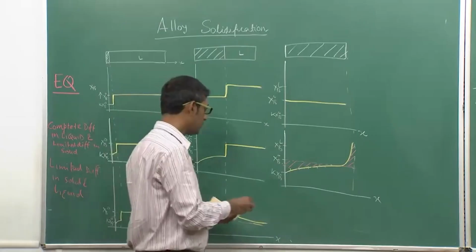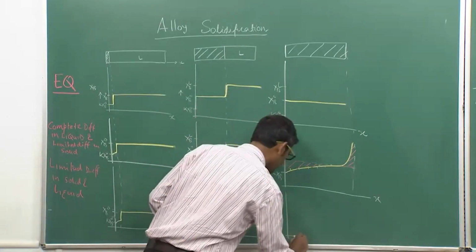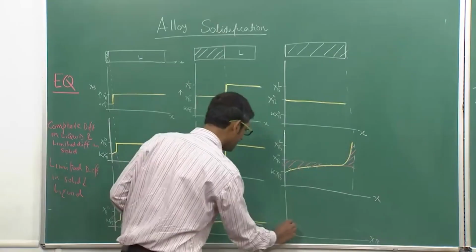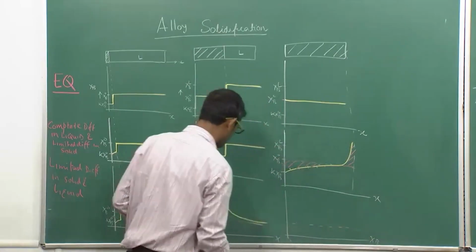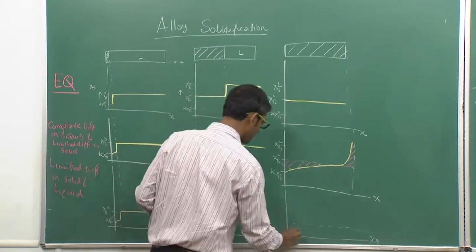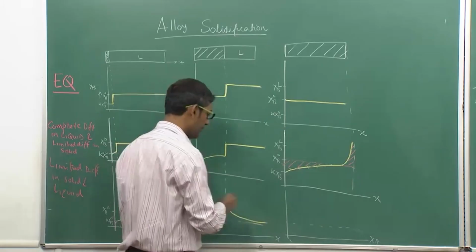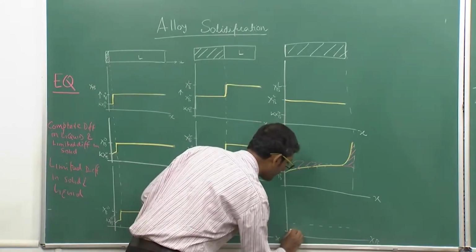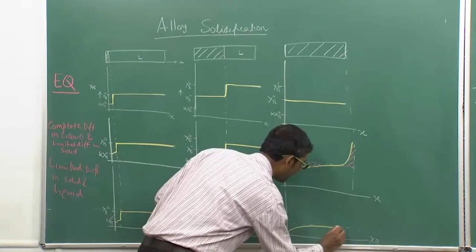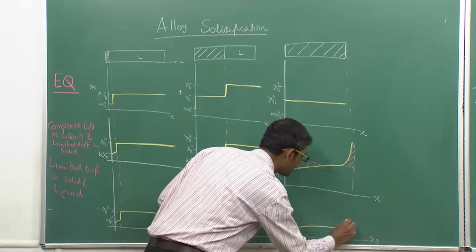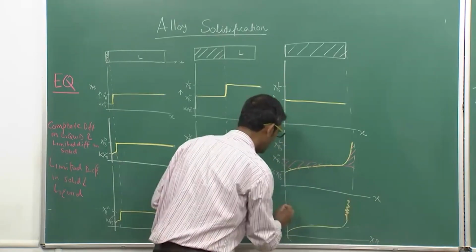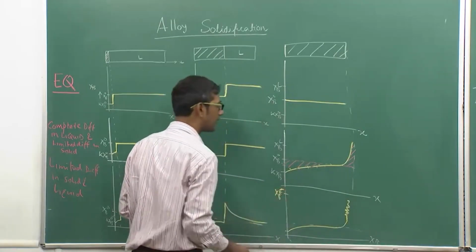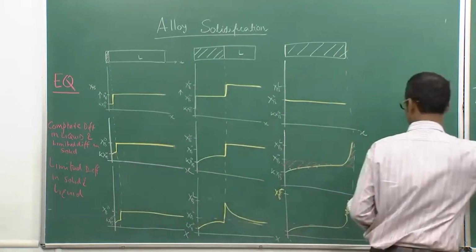Now, what will happen when you are at the end of the solidification? That is not very difficult to understand. There will be huge spike at the end. Okay. So, this is KXP0. So, it will be going like this, and at the end it will reach XBE. That is the XBE. XBE is here.